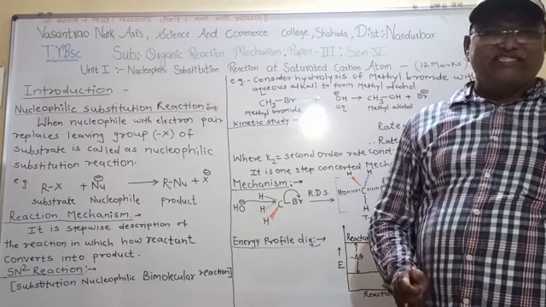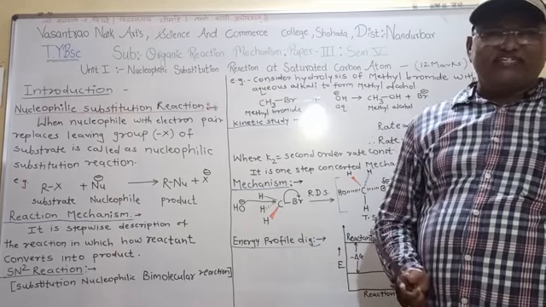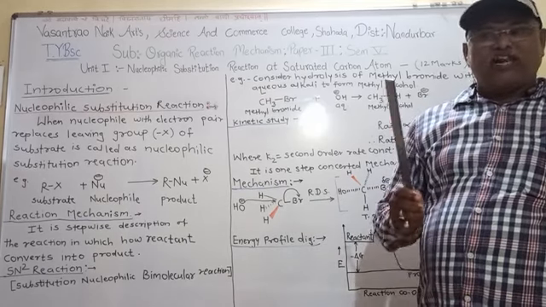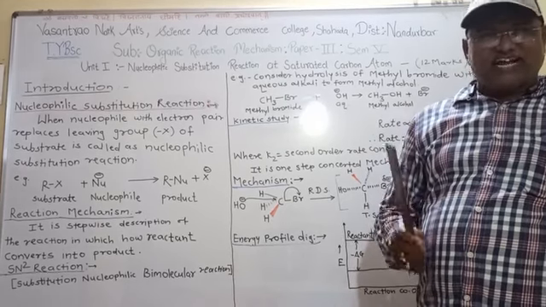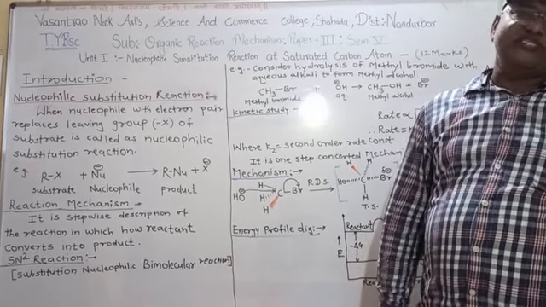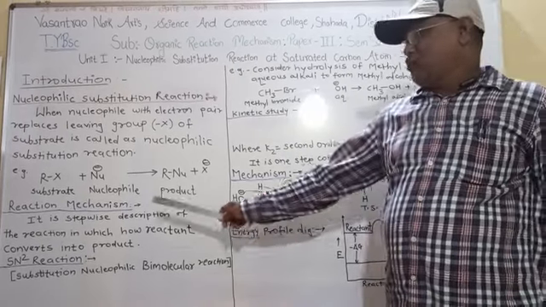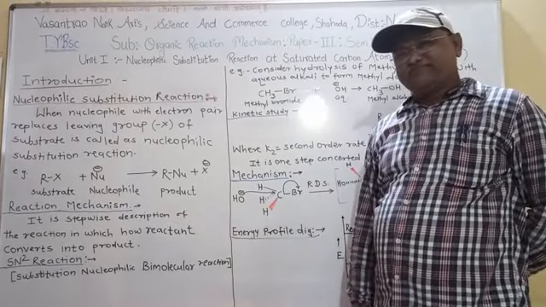That is the stepwise description of the reaction, whether it includes intermediate or carbocation or transition state when the reaction is going on. So this stepwise description of the reaction is called as reaction mechanism.